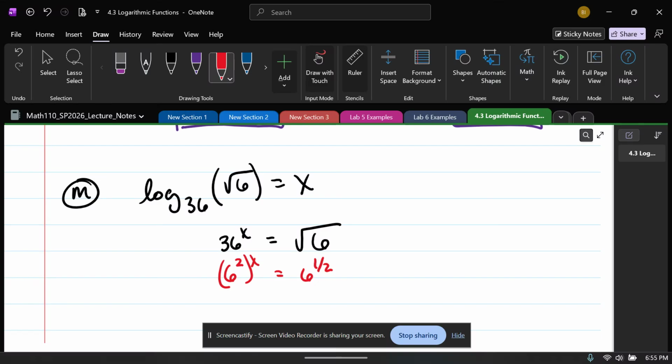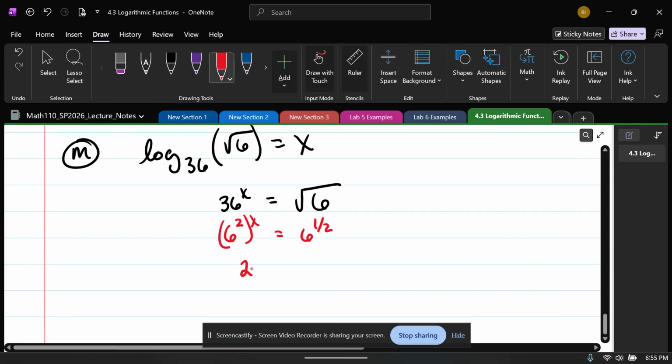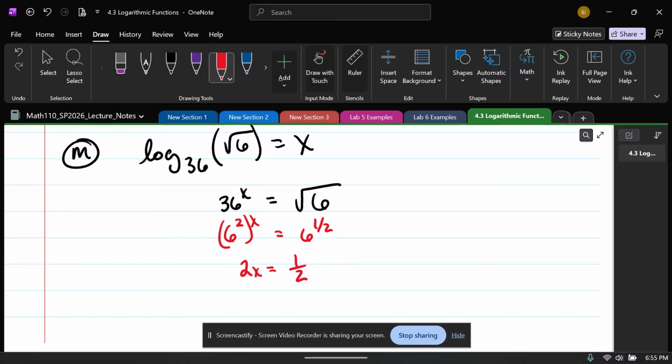Now that looks a lot like what we did in 4.2, where we got the bases the same on each side. And then my equation would be 2x equals 1/2. How do I solve that? All right, if I divide a half by 2, what do I get?